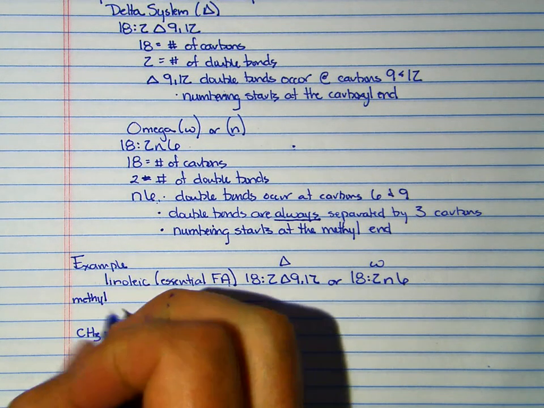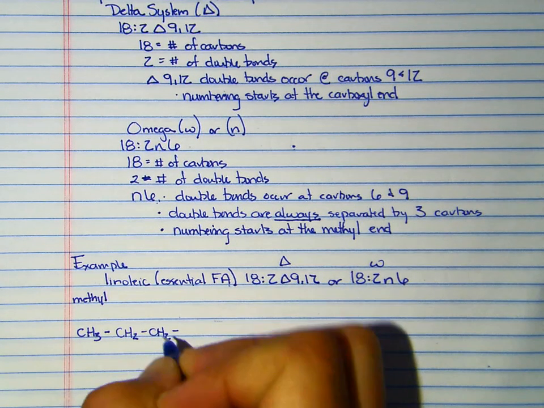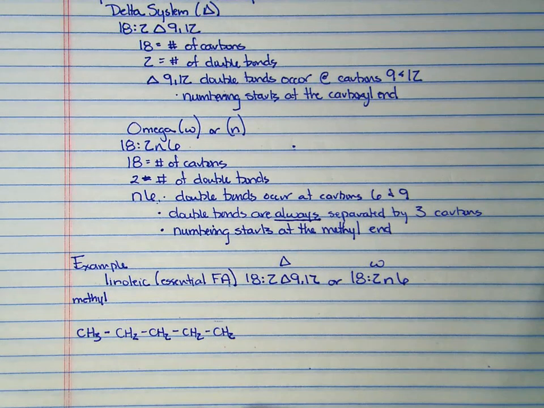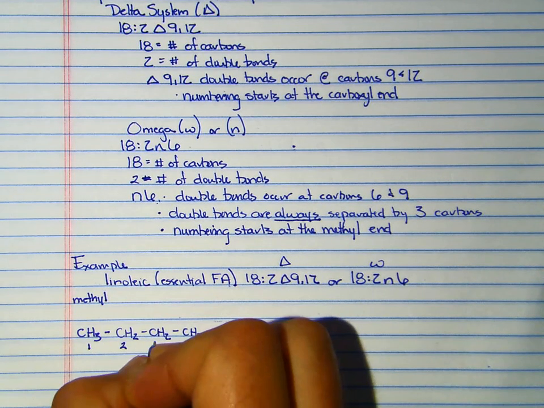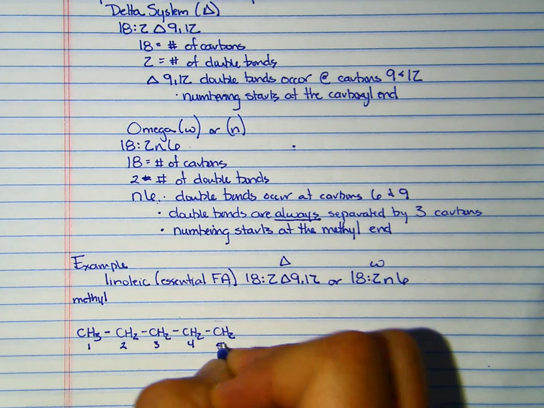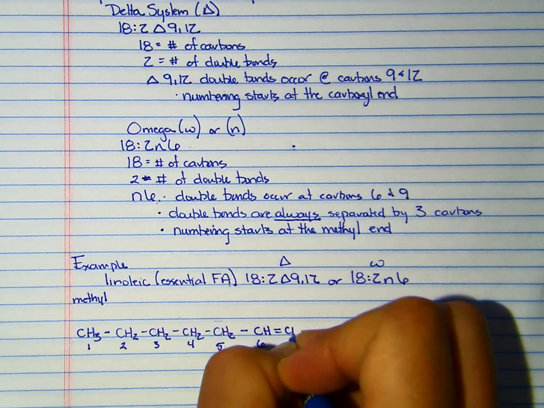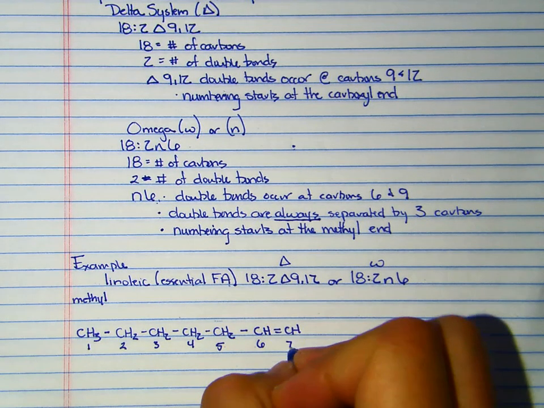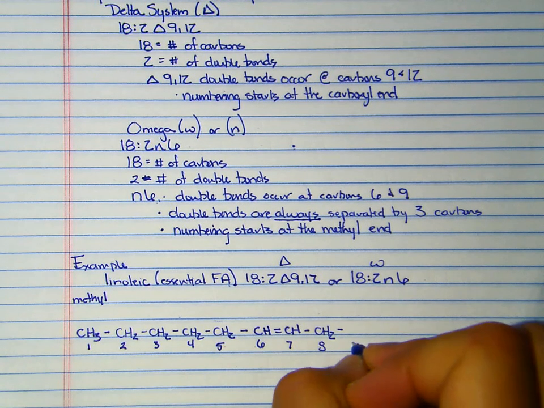And so then we have CH2, CH2, CH2, CH2, and so this is carbon 1, carbon 2, 3, 4, 5, and we know there's a double bond at carbon 6, so CH, and we're removing a hydrogen because a carbon can only have 4 bonds, and so carbon 7, and then carbon 8 is a CH2, and then we do number 9.